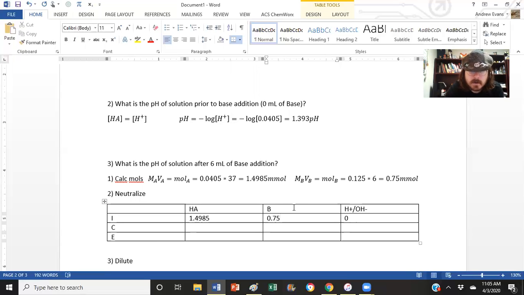So with that in mind, ice table, this is just calculating your neutralization, not a true ice table. So minus 0.75, minus 0.75.